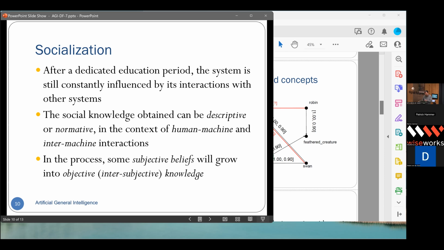Another thing that is related to this is what we call subjective belief, which is completely based on your own experience, will gradually, to a certain degree, grow into what we call objective knowledge, by sharing other people's experience, by taking other people's point of view into consideration. But still, the subjective nature is always there, is primary.